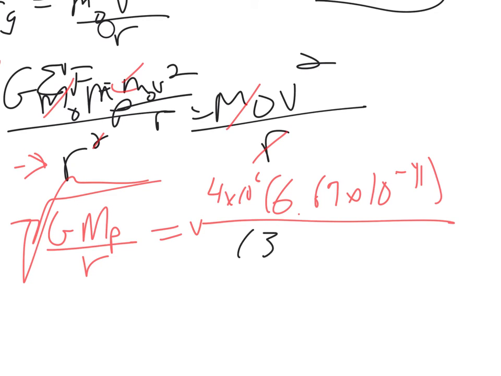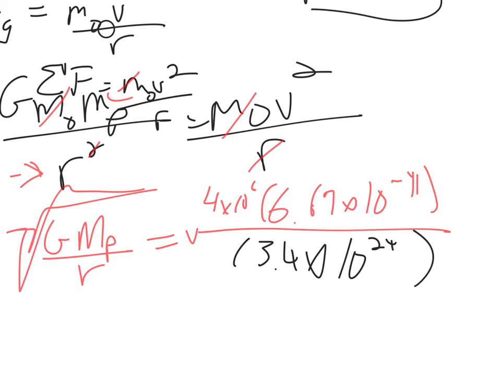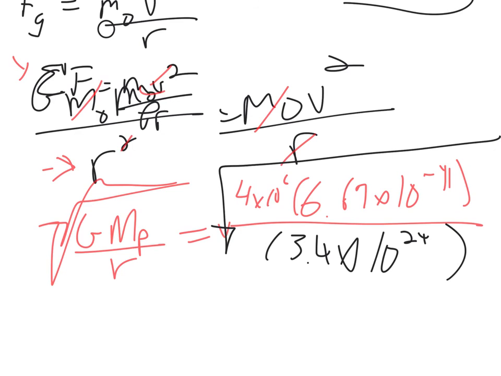So I said that was 3.4 times 10 to the 24th was my total distance, the radius plus the altitude, and all of that has to be square rooted. So let me get that square root in there. So I just substituted in all those values, and that is equal to my velocity of the orbiting object.